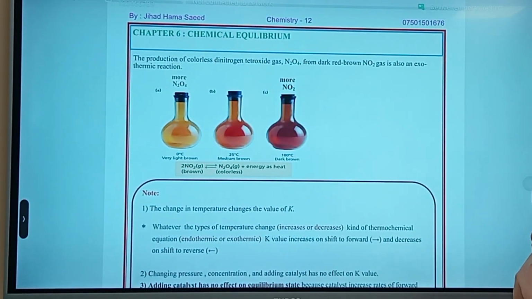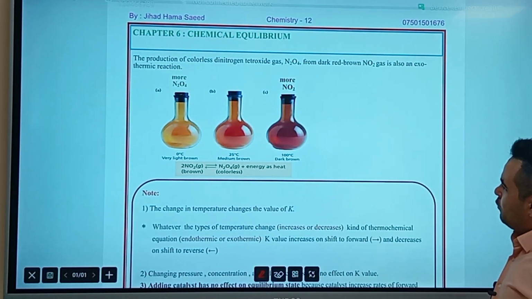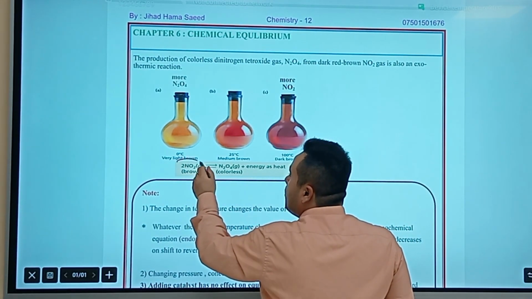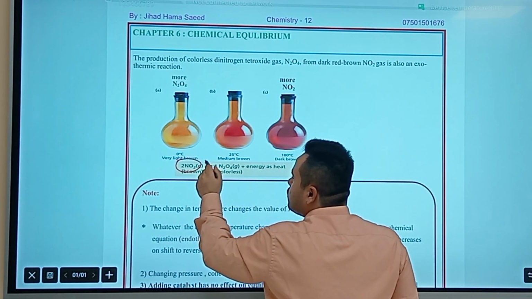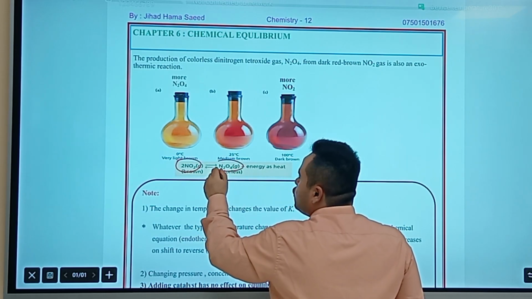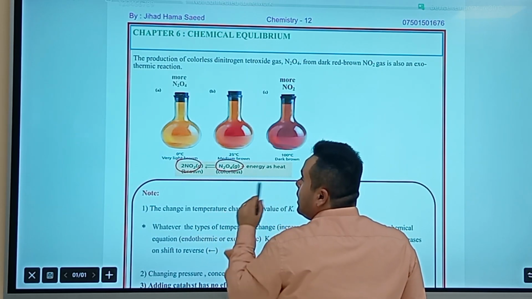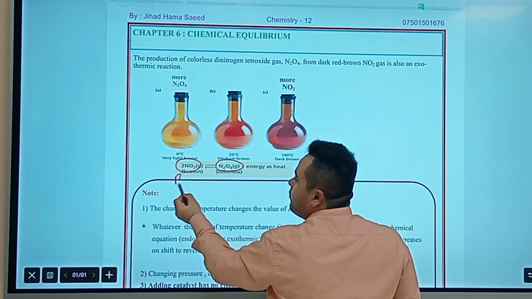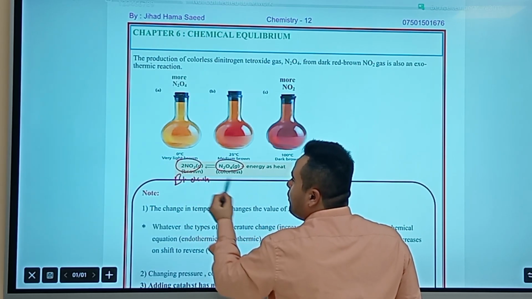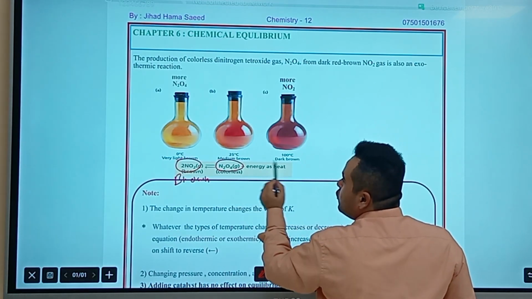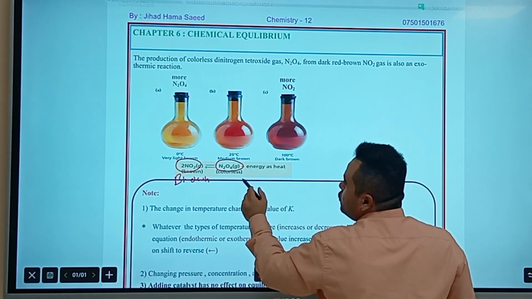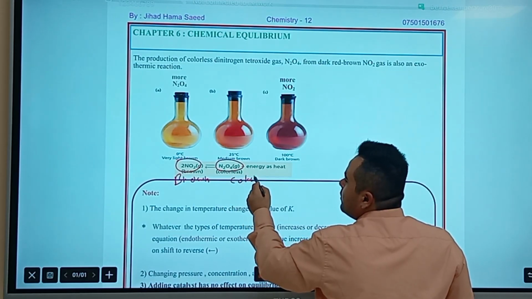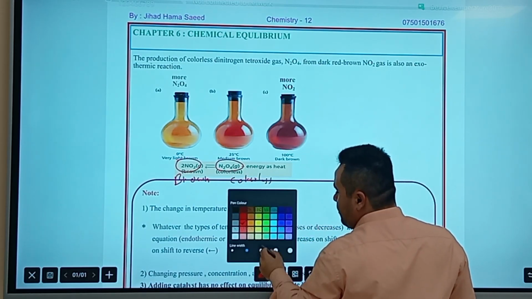Have a look at this example which is given in our book, guys. When nitrogen dioxide goes to dinitrogen tetraoxide, the color of nitrogen dioxide is brown, and the color of dinitrogen tetraoxide is colorless.